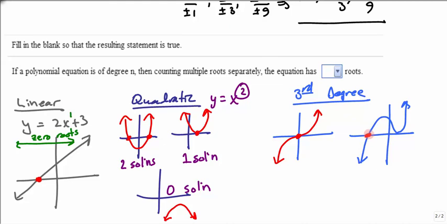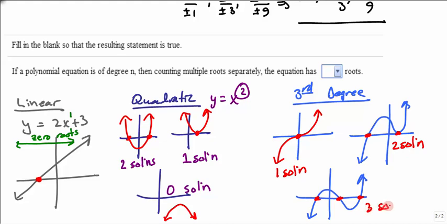So here I'd cross and touch and turn, so I have 2 solutions. And then I have that third case, the third degree polynomial, so the most number of roots I can have is 3, where I would cross the x-axis 3 times. So this is 1 solution, this is 2 solutions, and this is 3 solutions.